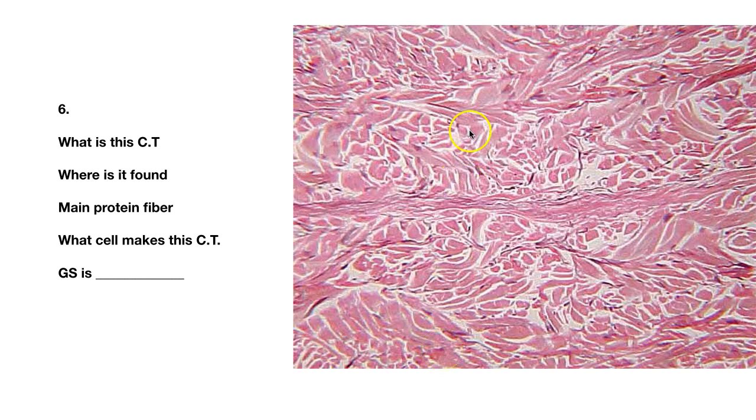This is going to be found deep in the dermis of your skin. So when we get to the integumentary system, we will see this some more. Dense irregular connective tissue found in the dermis of our skin. It's also found in lots of areas that we're going to be seeing shortly. We already talked about, or we haven't yet, but the perichondrium. Perichondrium is dense irregular connective tissue.